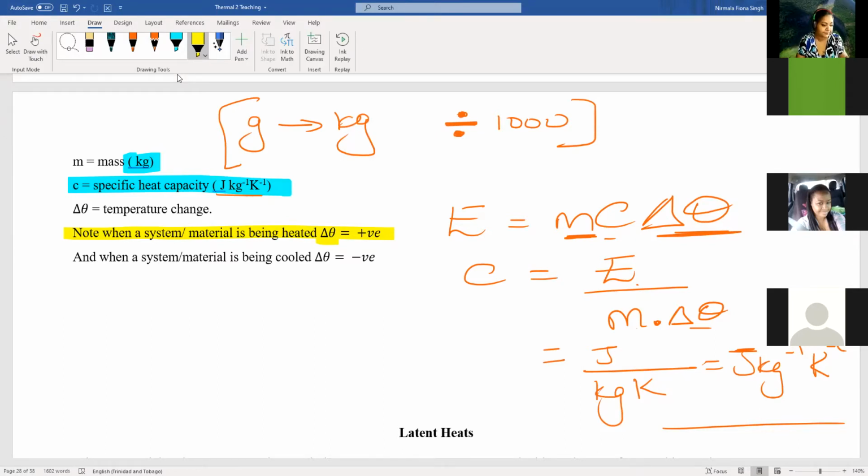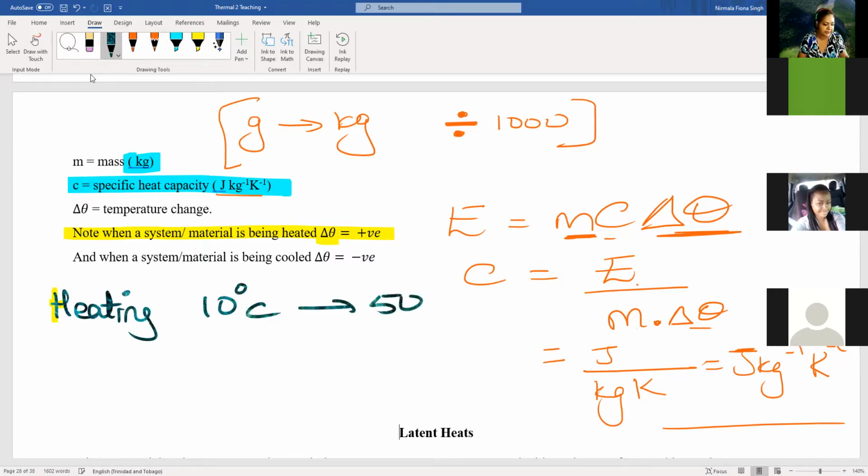All right, I'm running through all the little fine points right now. Let's use an example. Say I'm going from 10 degrees to 50 degrees. We're heating it up, because we're going from cooler to hotter.